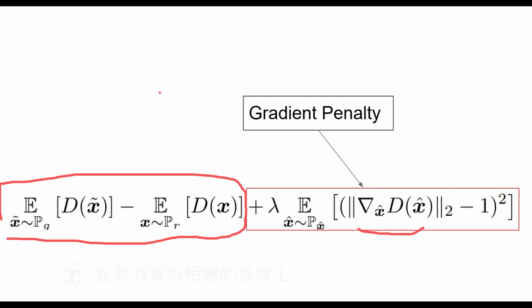This x hat is simply something between, so this one is the real data, and this one, x bar, is the generated data. We pick one pair of the real data and the generated data. We pick a straight line between them, and we randomly select one point on this line. So we get this x hat.